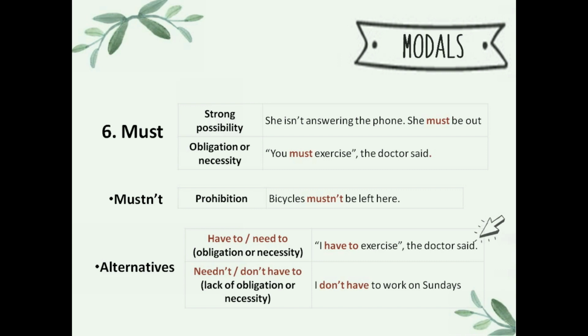And on the other hand, you need to know that when we write needn't or don't have to, that means that there is no obligation or necessity for something to take place. That is, lack of obligation or necessity. Like in, "I don't have to work on Sundays." That means that it isn't necessary for me to work on Sundays.